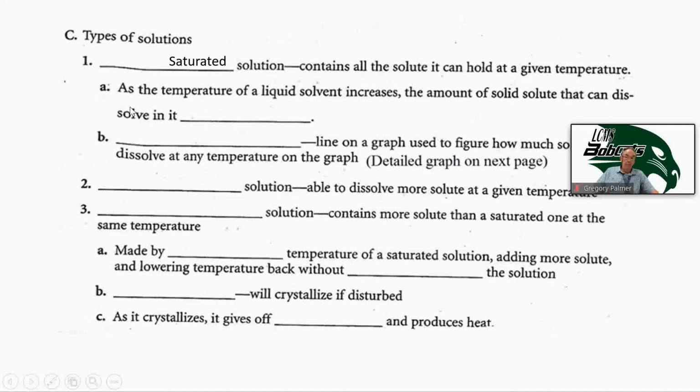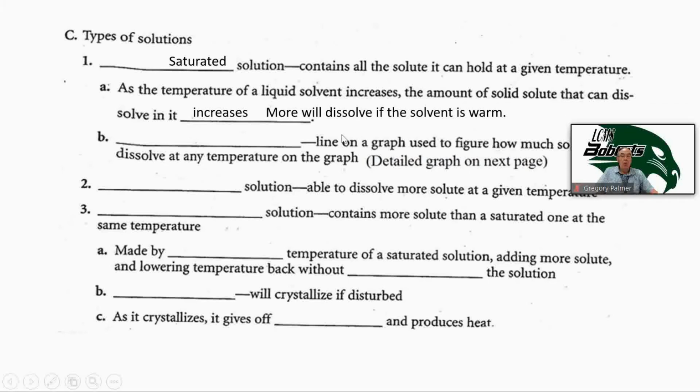So I put in your notes, as the temperature of a liquid solvent increases, the amount of solute that can dissolve in it also increases. So if we had that salt water saturated at room temperature and we warmed it up, it would become unsaturated. Because at higher temperature, we could dissolve more salt into the water.